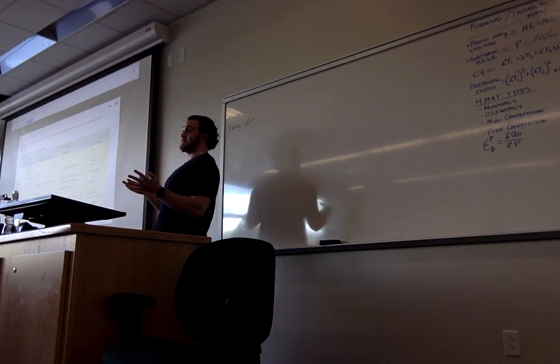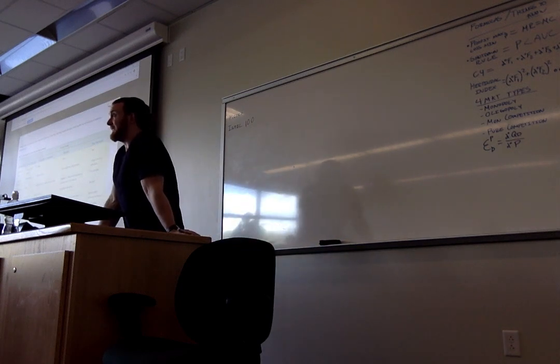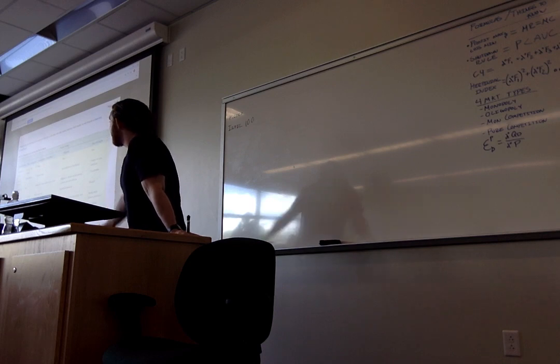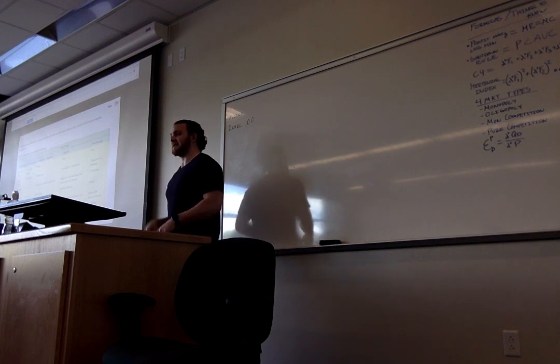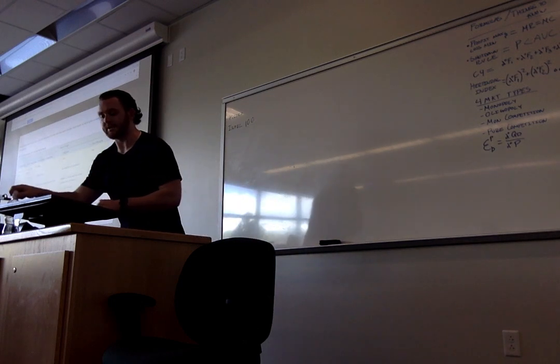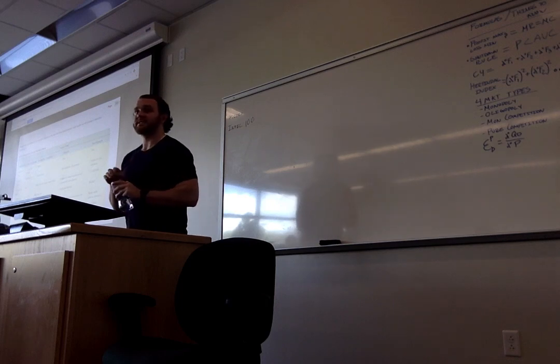If I had to place money on it, I would say that there will probably be 15 questions that have something to do with this. 10 to 15. So really good to know. How many questions are on the exam? 65, yeah.